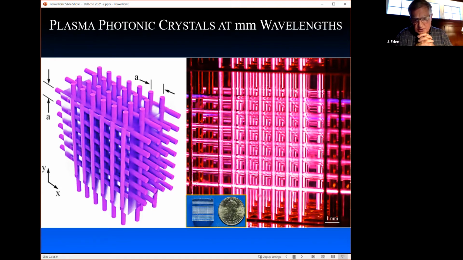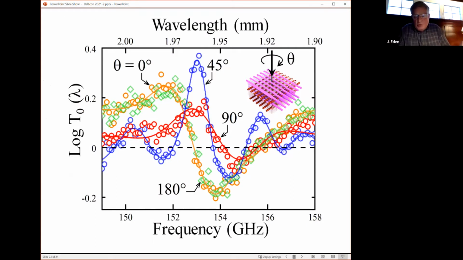Next slide, please. So if you're wondering, what do I do with these crystals? It turns out that they act like regular crystals, in that they diffract electromagnetic radiation. In this case, we're at frequencies of about 150 gigahertz. If that is not meaningful to you, your cell phones operate at about 2.5 gigahertz.